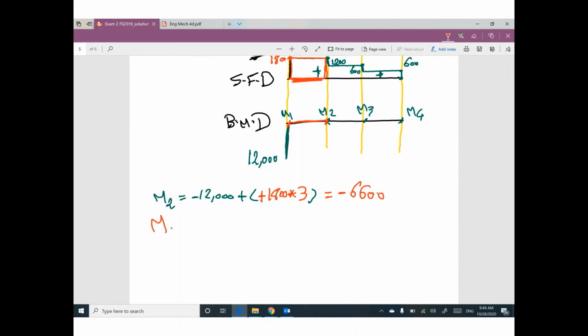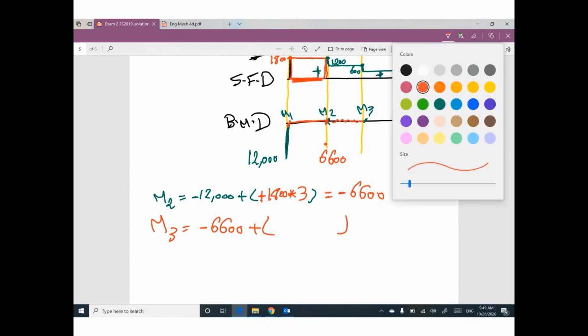M3 equals the previous value, negative 6,600, plus the area of shear between 2 and 3.